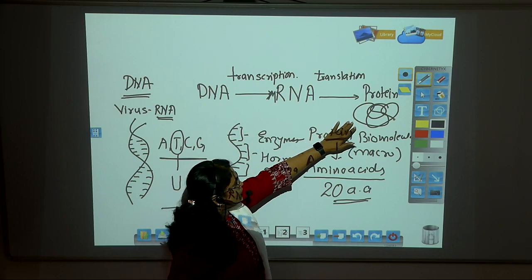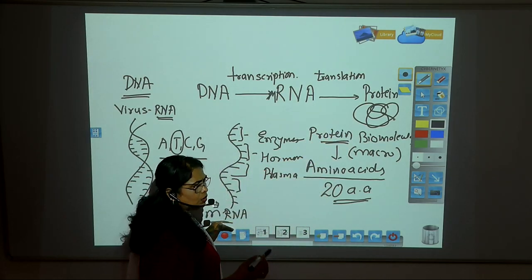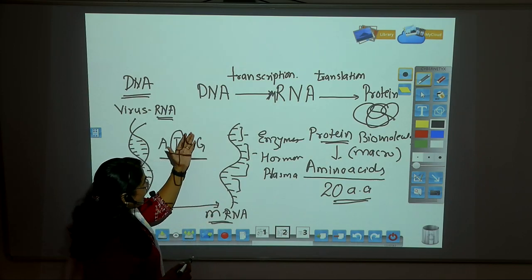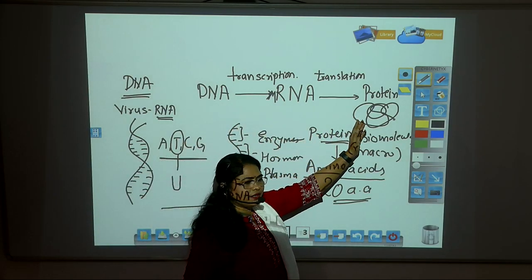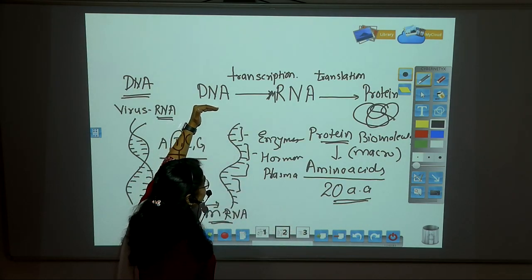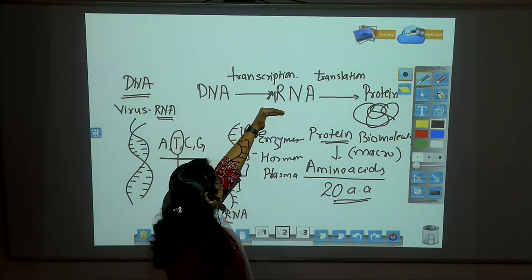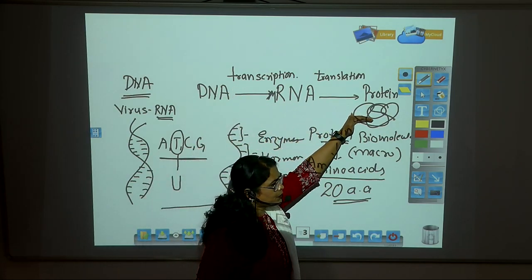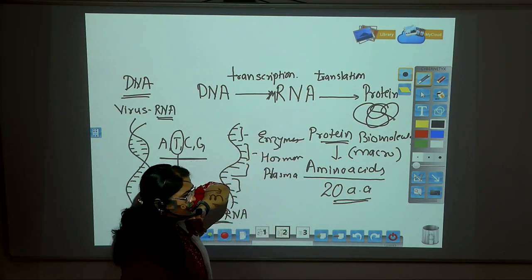The whole coded sequence is present on the messenger RNA, and this is called the central dogma of protein synthesis. From DNA to messenger RNA is called transcription. From RNA to protein is called translation.